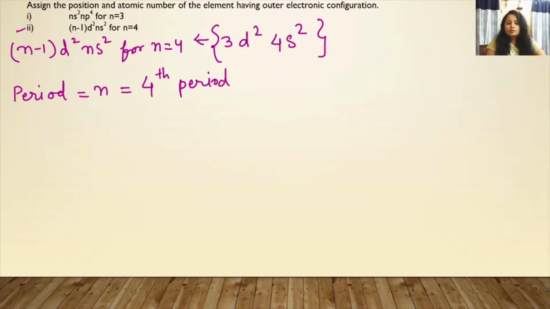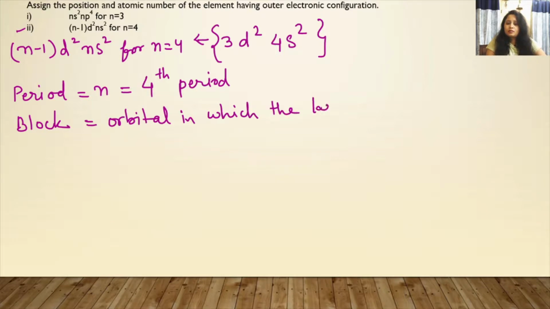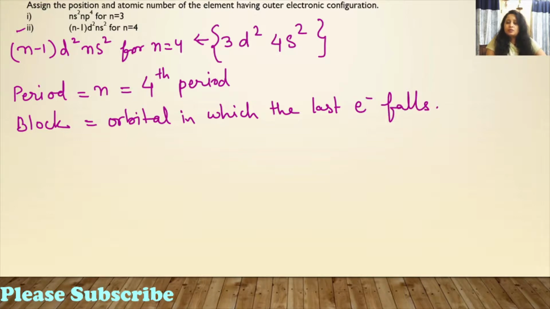Now come to the next portion. We will get the block. For block, what are we going to search? The last coming electron. The block is the orbital in which the last electron falls. Look carefully where the last electron falls, in d orbital or s orbital. This is a bit tricky.